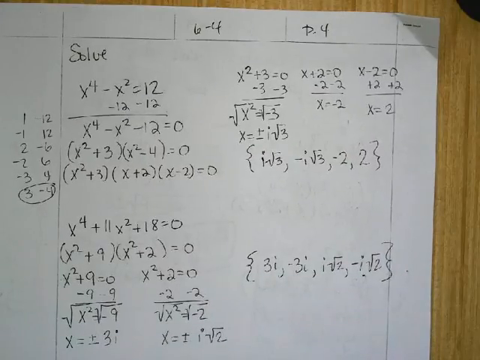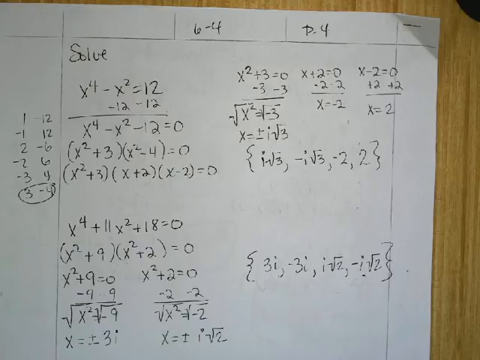Those imaginary roots occur when you're trying to do what? When do you get imaginary roots? When you're trying to take the square root of what? A negative number. When you try to take the square root, you always end up with a positive and a negative, right?